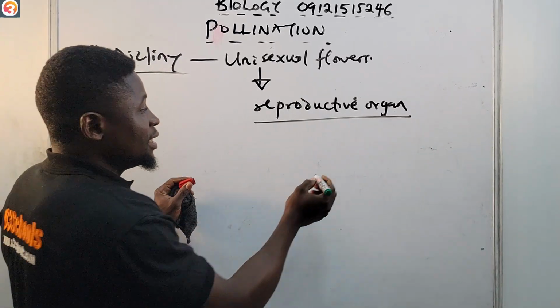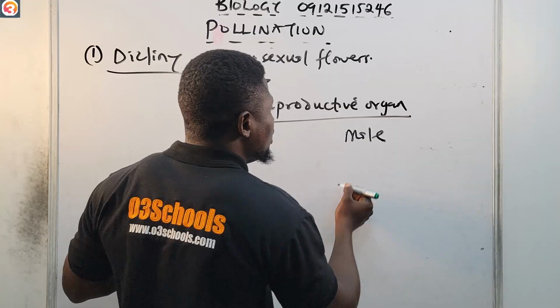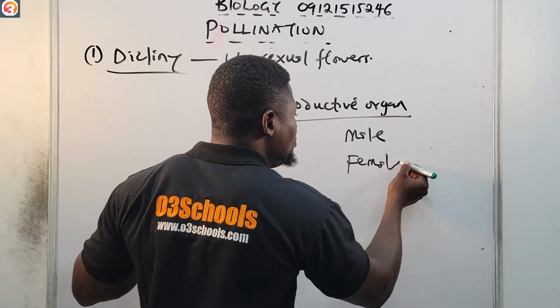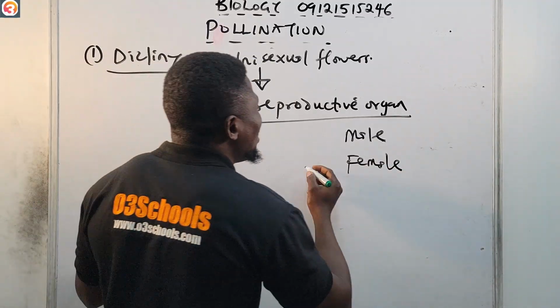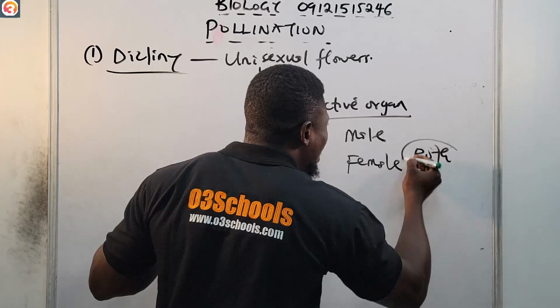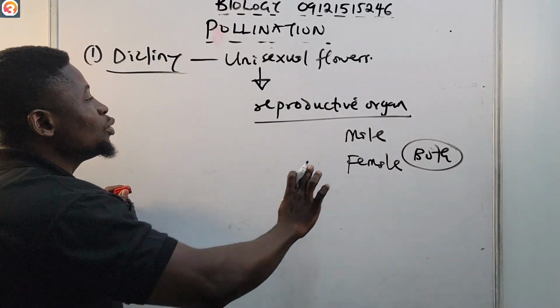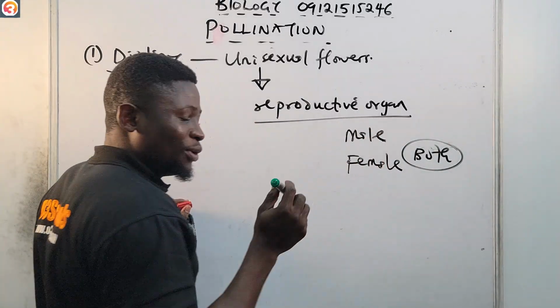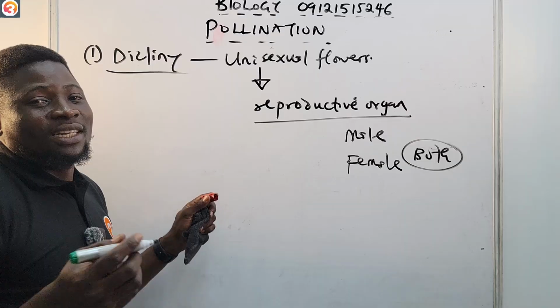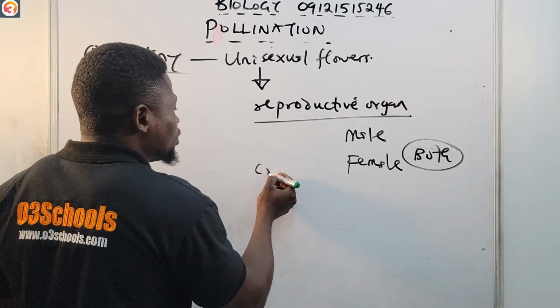So they can have the male reproductive organ, or they can have the female reproductive organ, but they cannot have both. Because they do not have both, it definitely encourages cross-pollination.